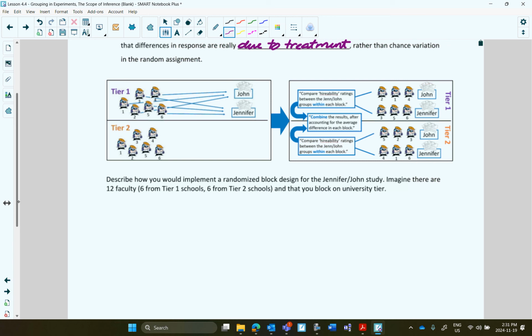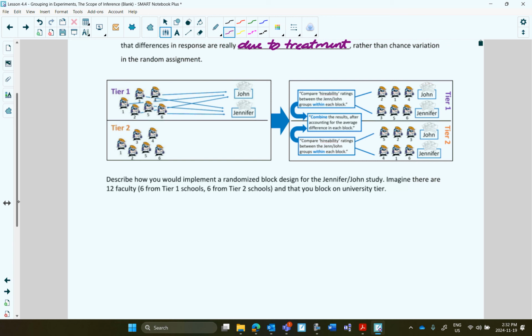So then you've got your group from tier 1 and tier 2 mixed up. We want to compare the hireability within each block. So I want to look at within tier 1 what's happening, and then within tier 2 what's happening. Is one getting favored over the other?